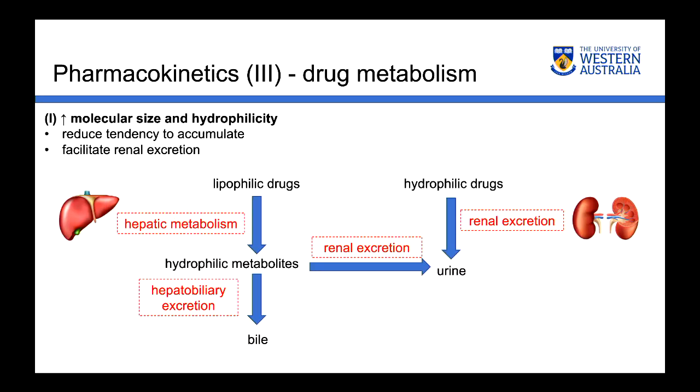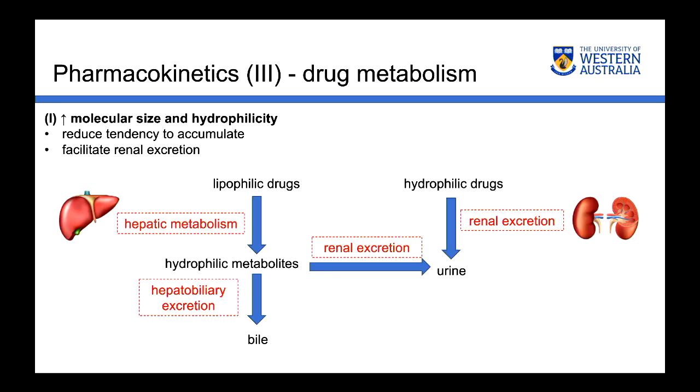Now this diagram shows the fate of a drug depending on whether it's lipophilic or hydrophilic. So drugs that are lipophilic typically will undergo metabolism in the liver first, so that they become more hydrophilic before they are excreted into the urine. And drugs that are hydrophilic typically don't undergo metabolism in the liver. They can be excreted into the urine straight away.